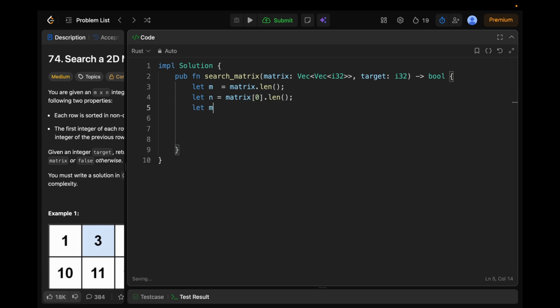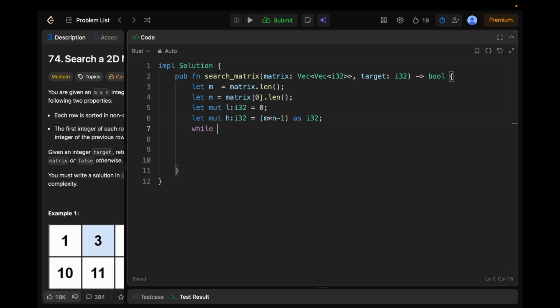Now I put L, that is low, as type i32, set initially to 0, and my high, which is also of integer type i32, which is initially set to m cross n minus 1.